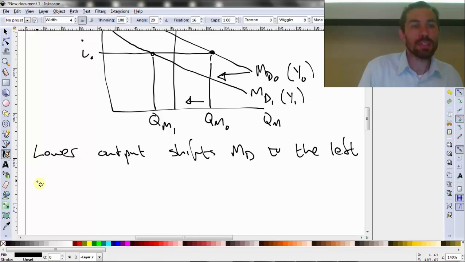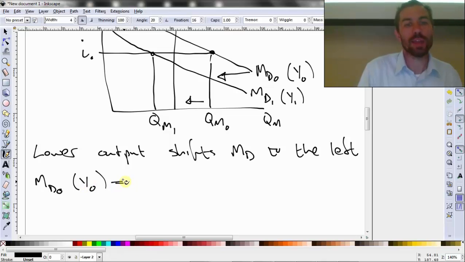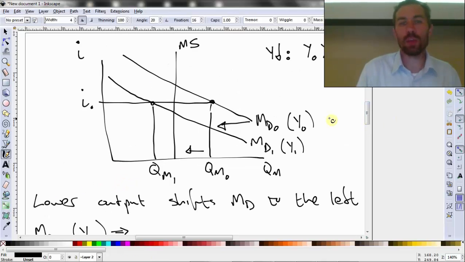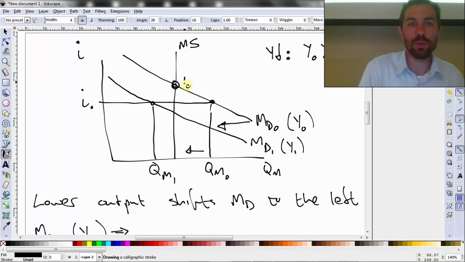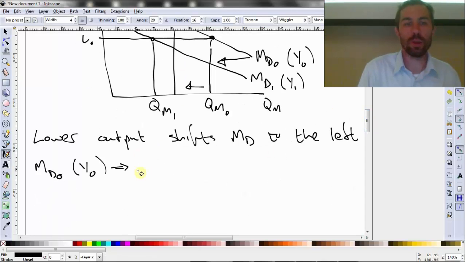At MD0, so at our first money demand curve, when we had some level of output Y0, we had some level of equilibrium. We're at point A, that's our equilibrium point.